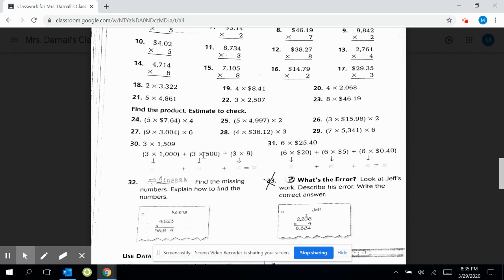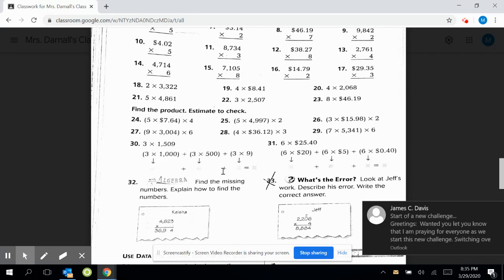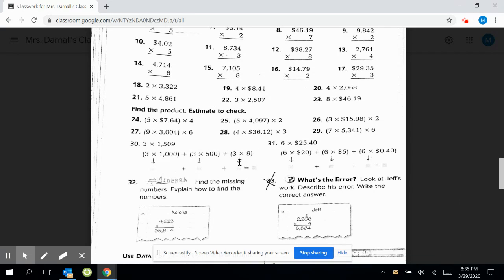That would be 3 times 5, which is 10. Oh, no, I mean which is 15. And then you have to add your 2 zeros onto that. So that would be a 15 with 2 zeros. And then 3 times 9. And that is 27. And then you add all those numbers together and you can get your answer.